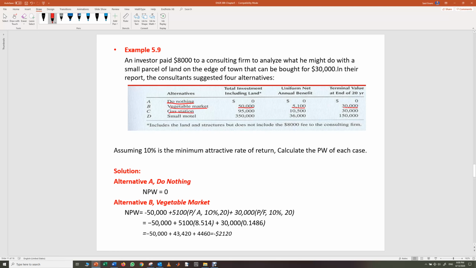So the cost is 95,000. The uniform net annual benefit is 10,500, and the terminal value at the end of the 20 years is 30,000. And alternative D, small motor. The cost is 350, the annual benefit 36,000.